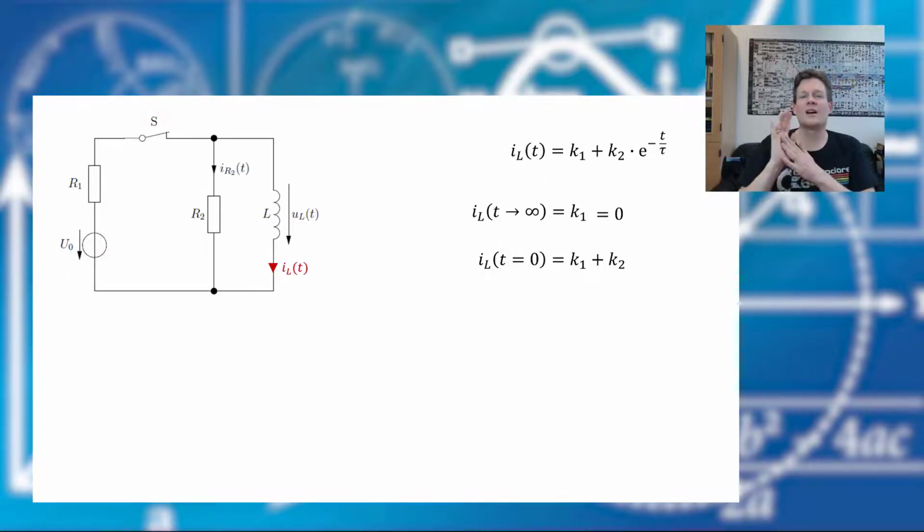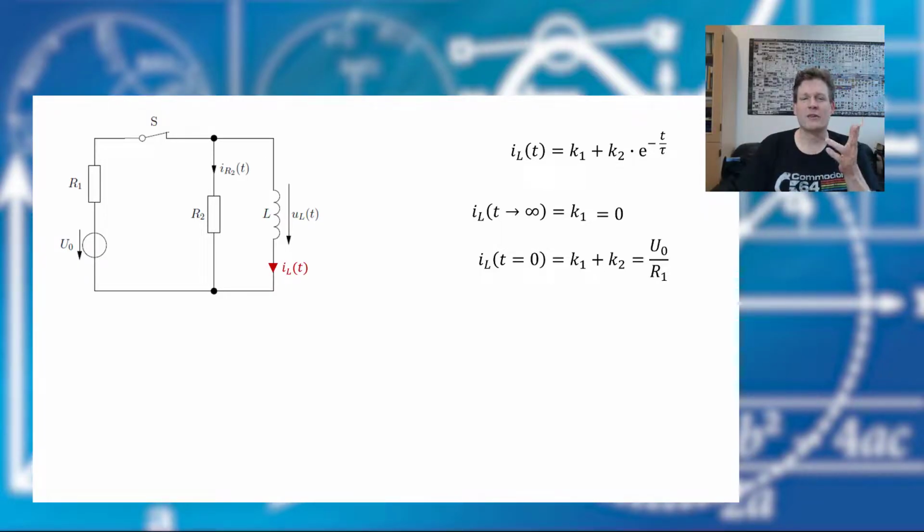So we can have a look at the circuit when the switch is closed, and the inductor behaves like a short circuit there. The switch was closed for a long time, and the current in the inductor has its final value for that condition, and therefore the inductor behaves like a short circuit. The current is just U0 divided by R1.